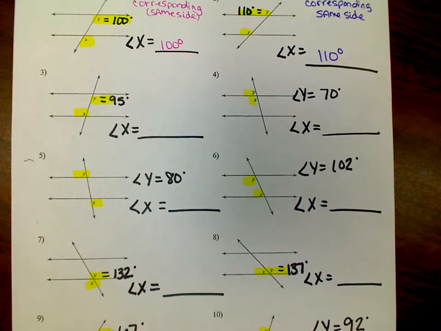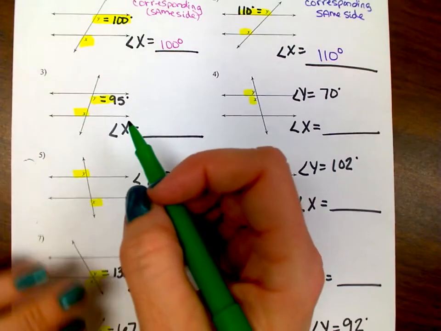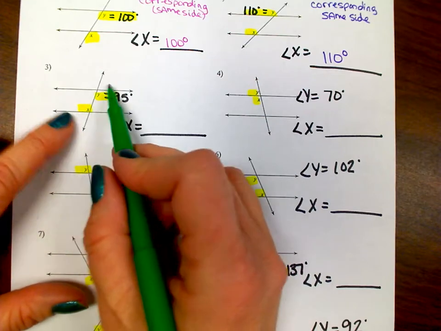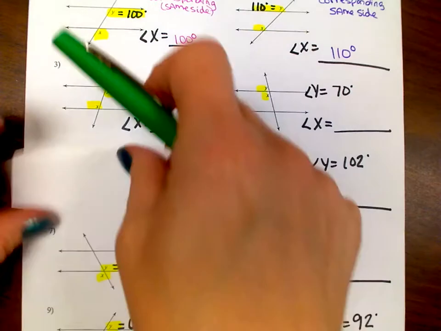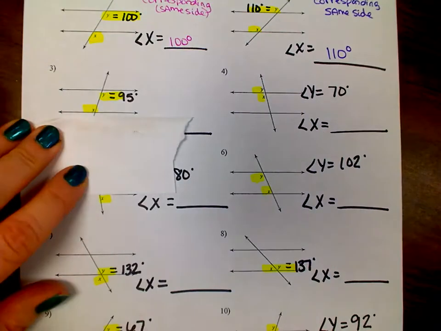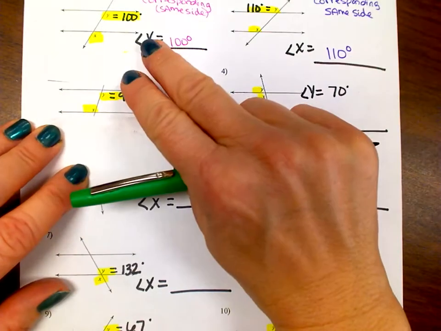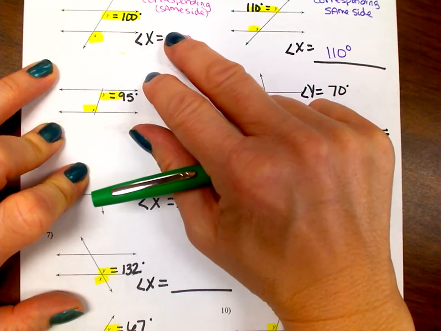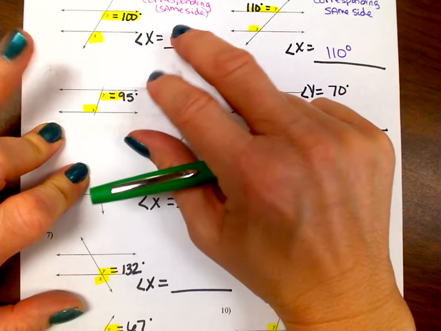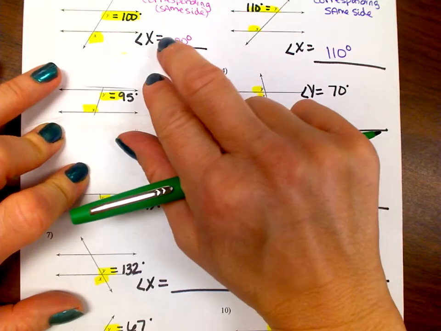Number 3, all my highlight is inside my parallel lines. So remember when I put paper here, to block out all the other information and focus on the interior. So you know they're going to be interior. And what kind of interior?